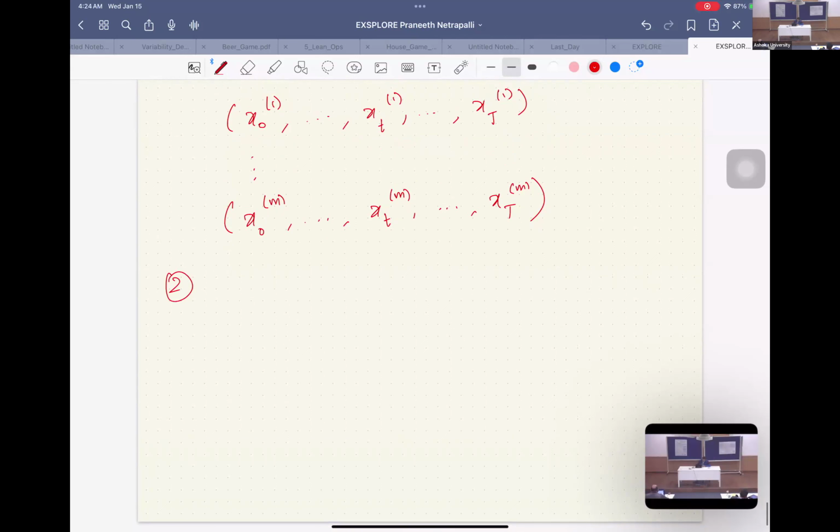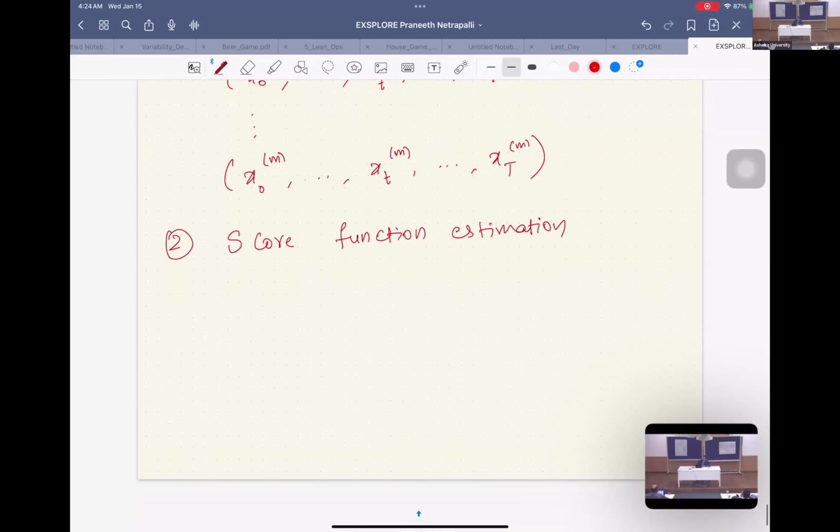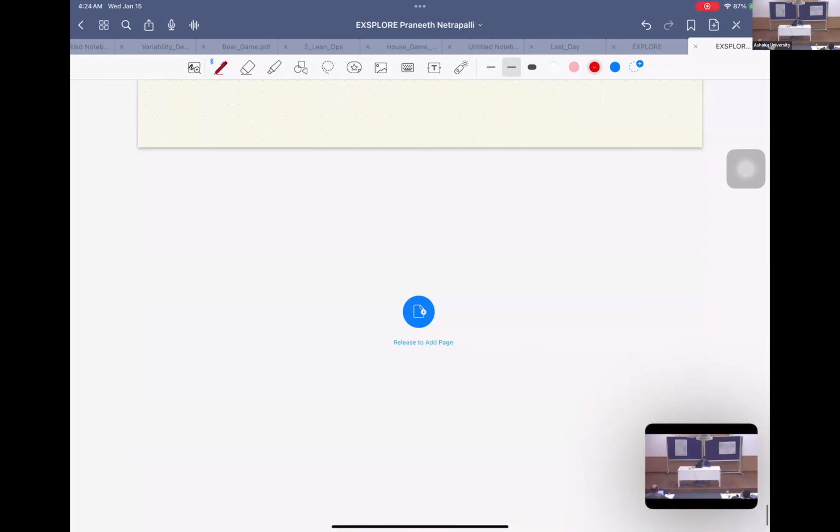Okay, so what is the second step? We will do score function estimation. And what does score function estimation do?